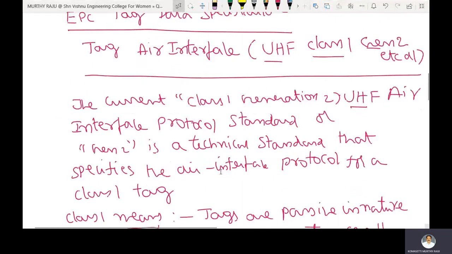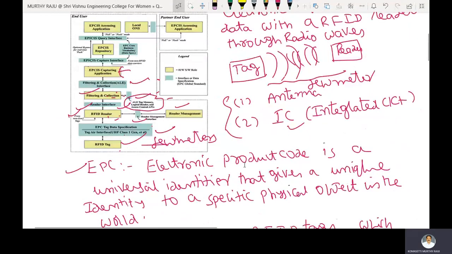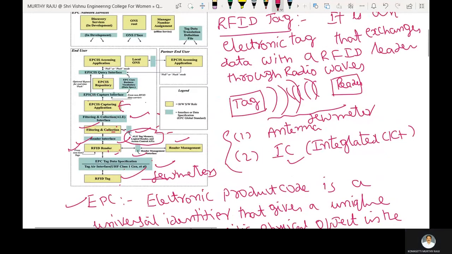Next, an important step included in this structure is the EPCIS capturing application, EPCIS repository, EPCIS capture interface, EPCIS query interface. These are some important blocks related to EPCIS, Electronic Product Code Information Service.